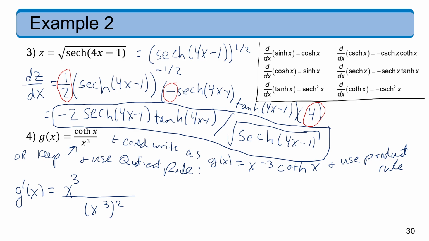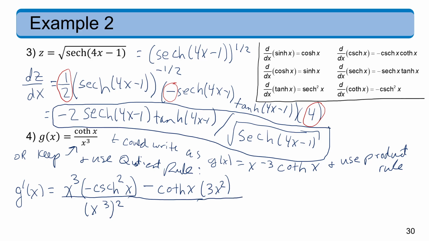So just straight from the formula, if you look at the top right of the screen, the derivative of hyperbolic cotangent is negative hyperbolic cosecant squared. So that finishes bottom times derivative of the top. Then we have minus top times derivative of the bottom, which is just 3x squared.